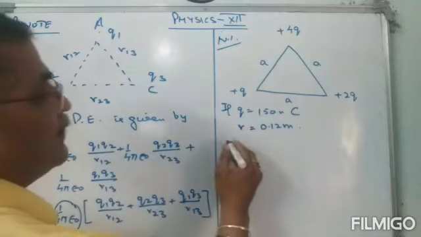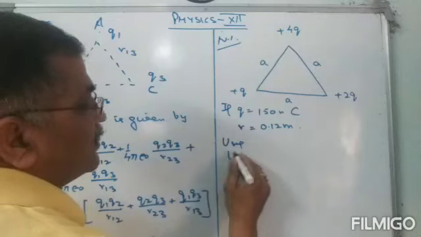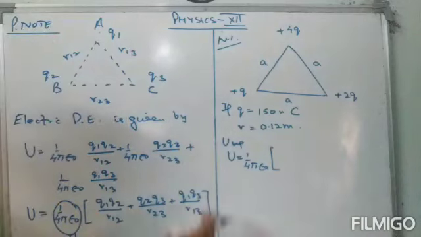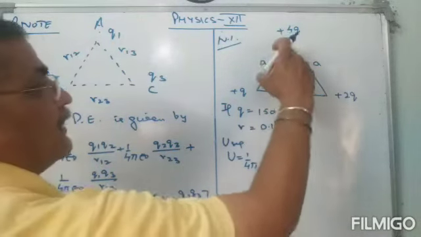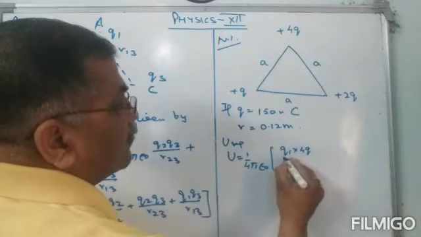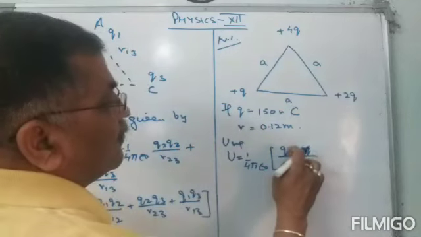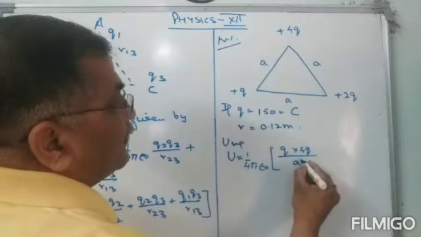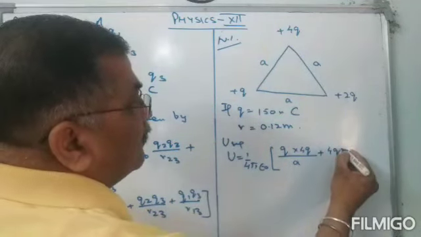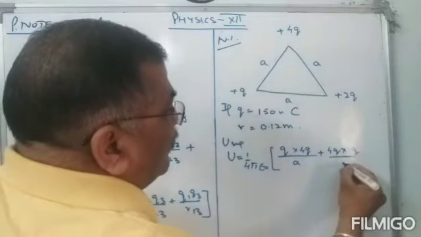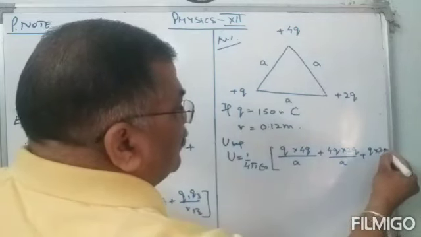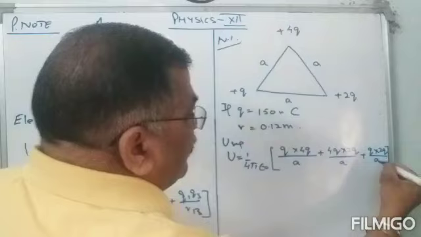So what I'm going to do, using U is equal to 1 upon 4 pi epsilon naught, I have taken this common. You can see, I can write here Q into 4Q upon A, plus 4Q into 2Q upon A, plus, now these two, Q into 2Q upon A. Solve.